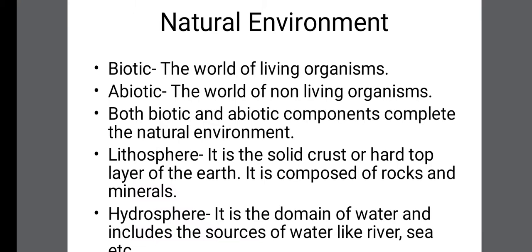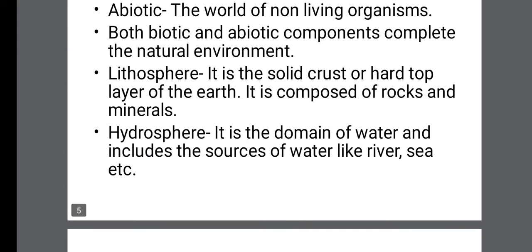Both biotic and abiotic components complete the natural environment, without which it will be incomplete. Next, we will study certain domains of our Earth, which you have already studied, so it's just a revision or introduction.